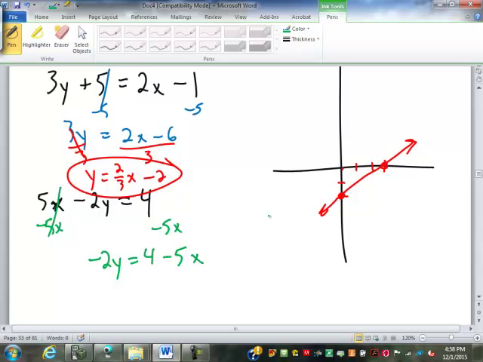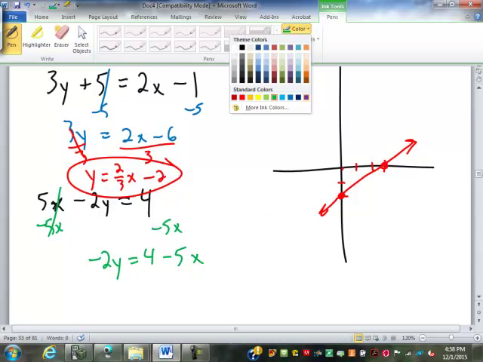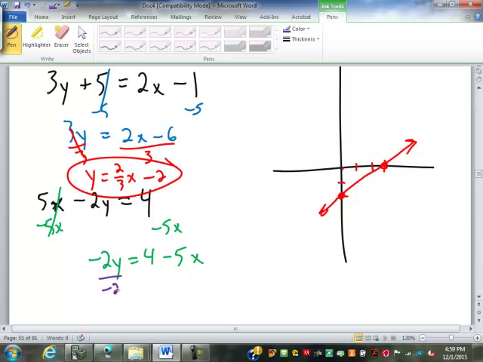Negative 2y equals 4 minus 5x. Now what? Divide by negative 2. Y equals negative 2. 4 divided by negative 2 is negative 2. Negative 5x divided by negative 2 is a positive 5 over 2x. So we start at negative 2 and we go up 5 over 2.